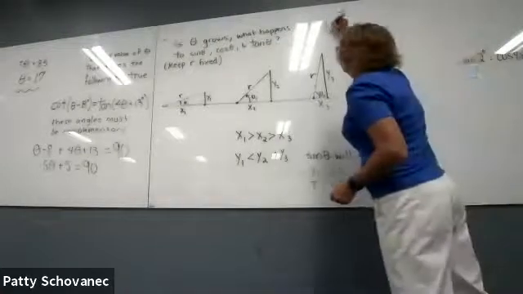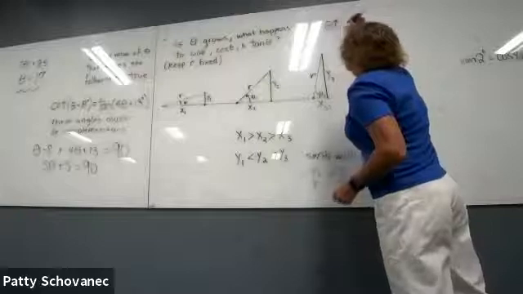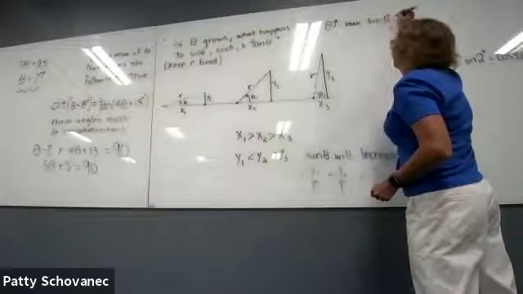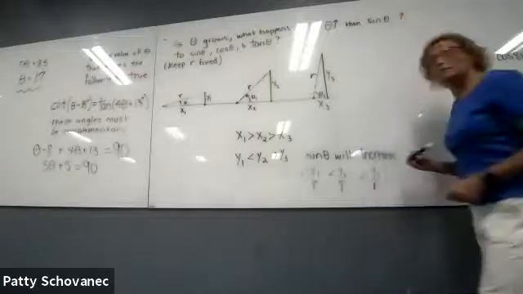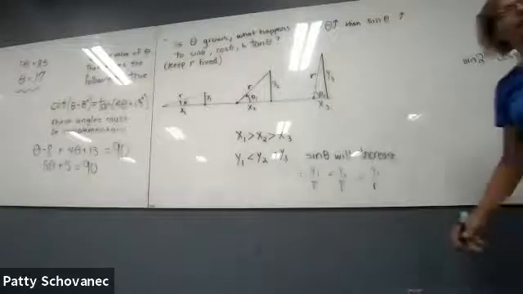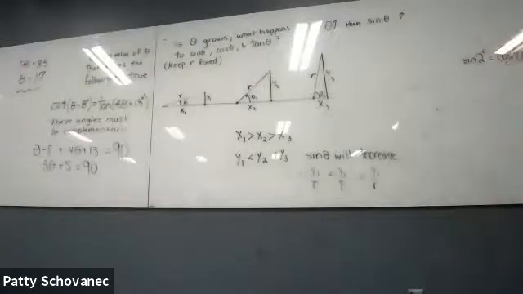So as theta grows, then sine theta grows. Sine of 2 degrees is smaller than the sine of 32 degrees is smaller than the sine of 62 degrees.